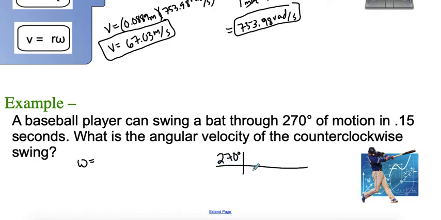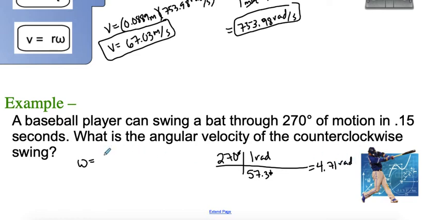So we need our degrees down here. That's 57.3 degrees and 1 radian. So our degrees are going to cancel out, and we're going to get a radian measure, which is 4.71 radians.